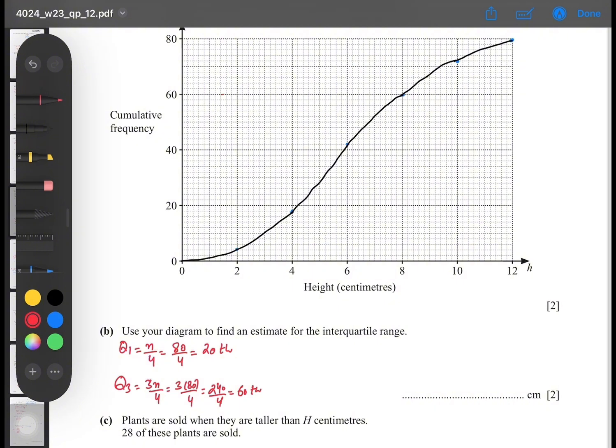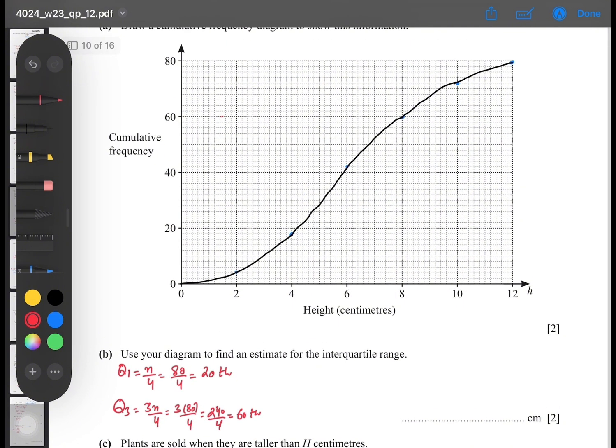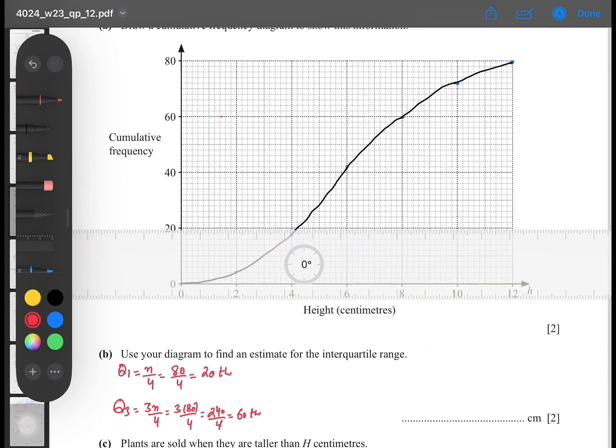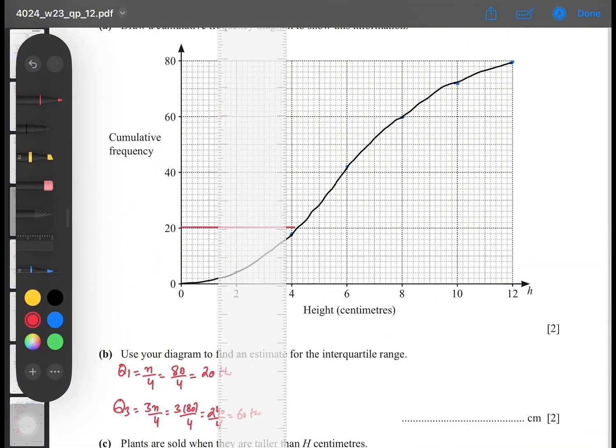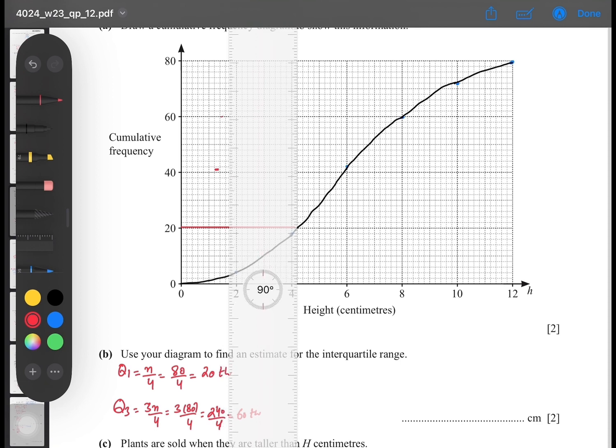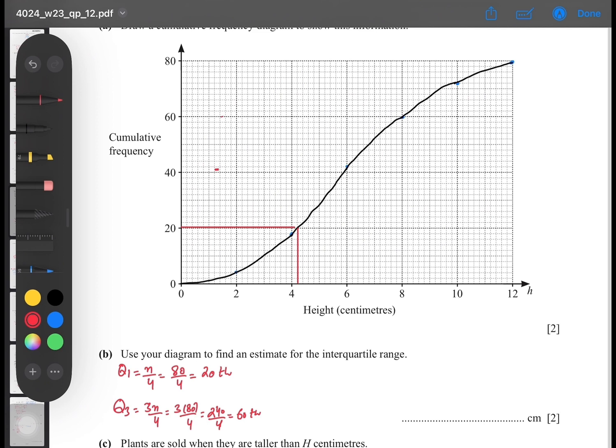So we will find the value of height at the 20th value on cumulative frequency. If we draw the line, this is equal to 4.2.